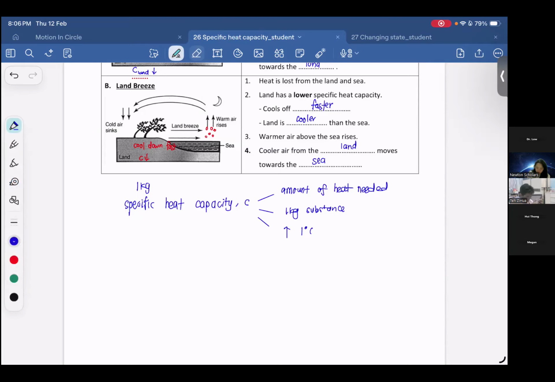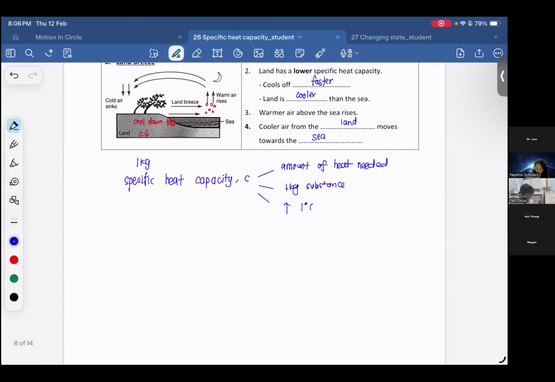If you see that the specific heat capacity for water is 4,200 joule per kg per degree Celsius, for example aluminium it is 900 joule per kg per degree Celsius. What does it mean?